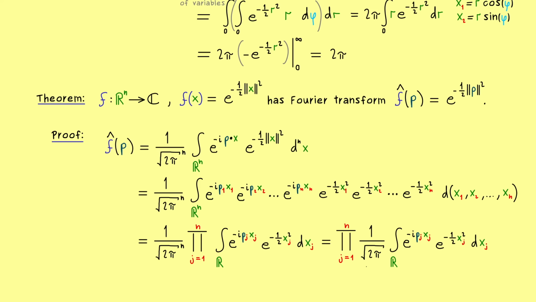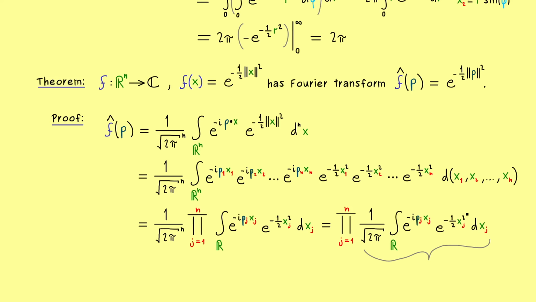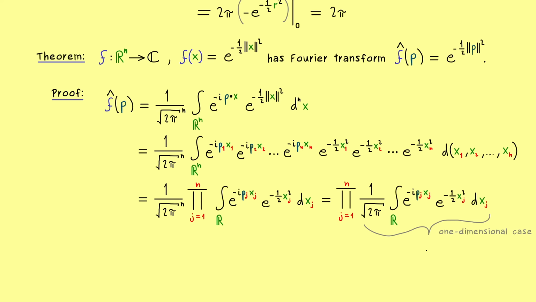And then you should definitely see it. Here we just have the one-dimensional Fourier transform of this function. And in the one-dimensional case, we have already shown that we have a fixed point. This means this whole thing is equal to the exponential function with pj squared in the exponent. And then finally, going over the whole product gives us our n-dimensional function as expected.